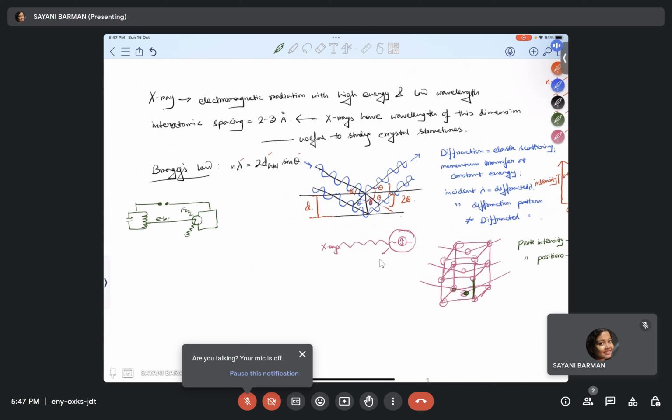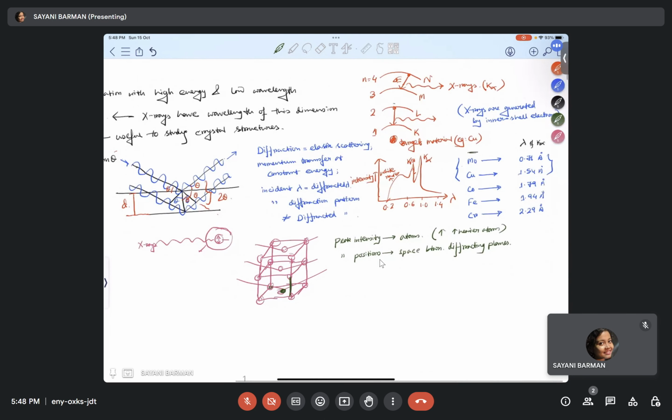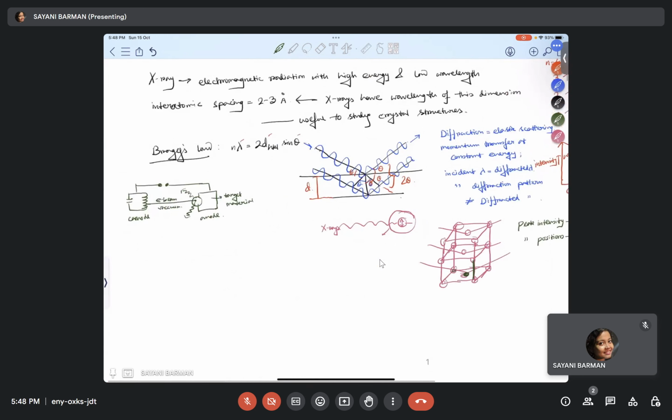This is the electron beam. The medium is vacuum. This is the cathode material. This is the anode. So this is the target material, like this. And this is of course the X-rays. From the picture only you can get an idea. Now this is about 1 to 50 kilovolt.